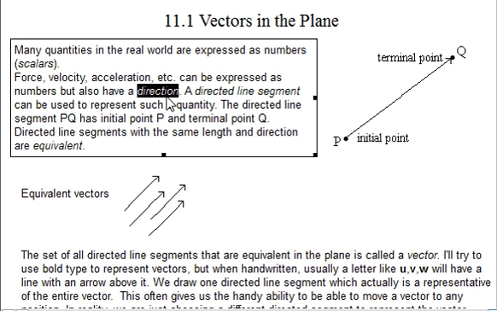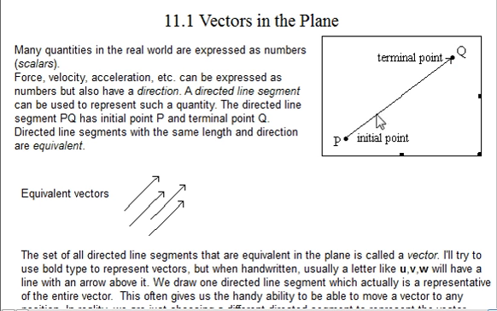In other words, a force of 50 pounds moving in a direction of north is different from a force of 50 pounds moving in a direction south. So what's called a directed line segment represents these quantities, and the directed line segment PQ has an initial point P and a terminal point Q, like this picture shows.